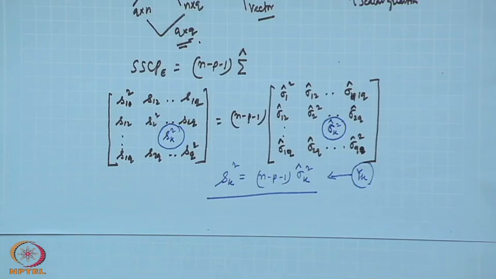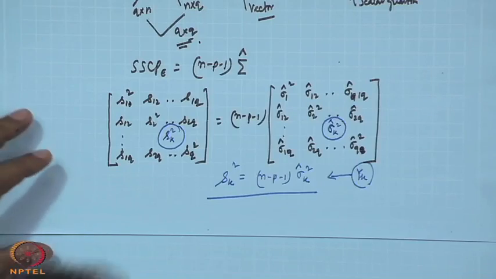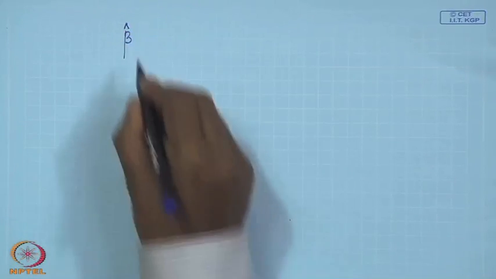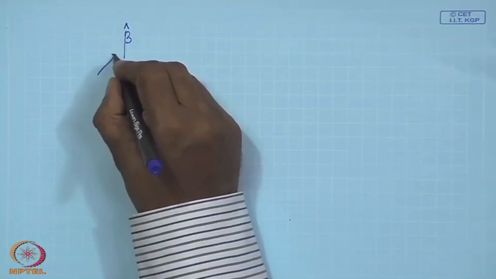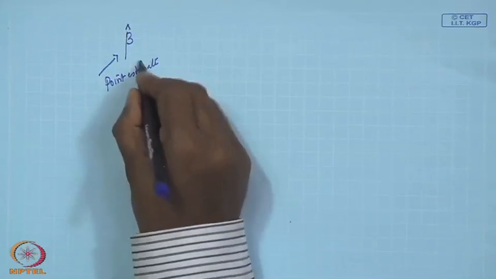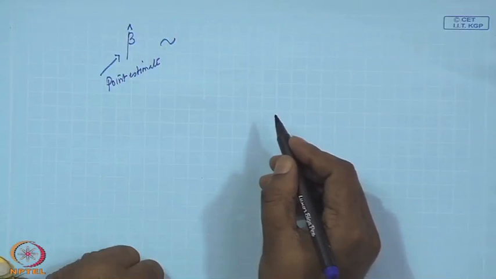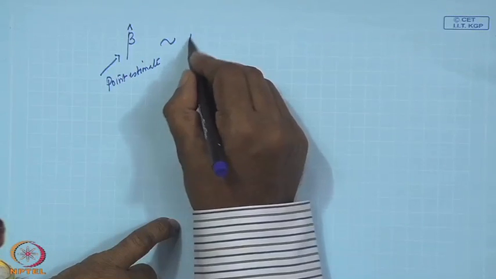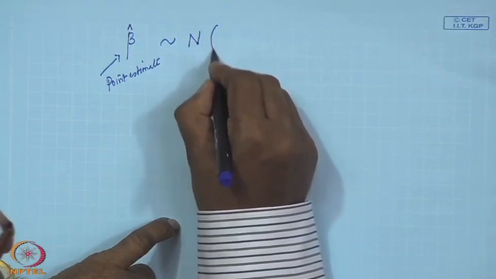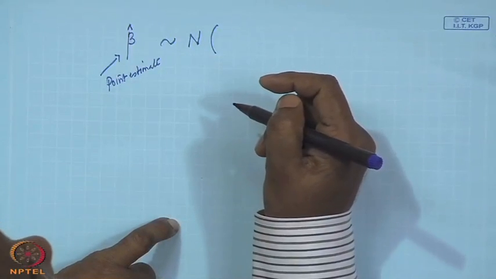Okay. Now, what do you require now? You know what is given to you: beta-hat, this is my point estimate, it is known, and I know that this also follows a normal distribution. What normal, multiple or multivariate?